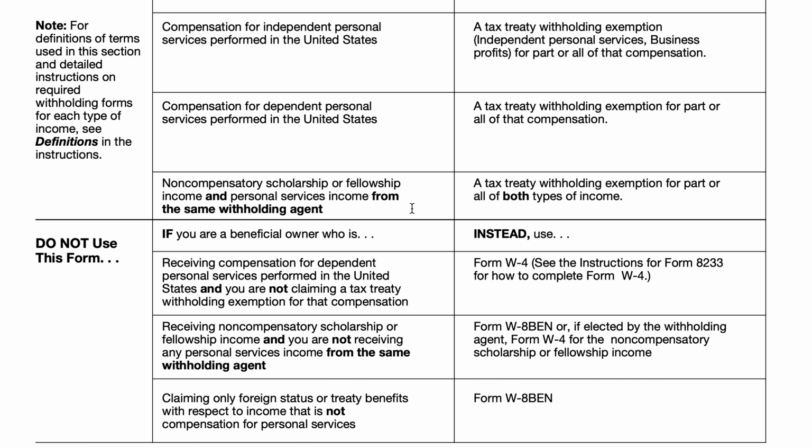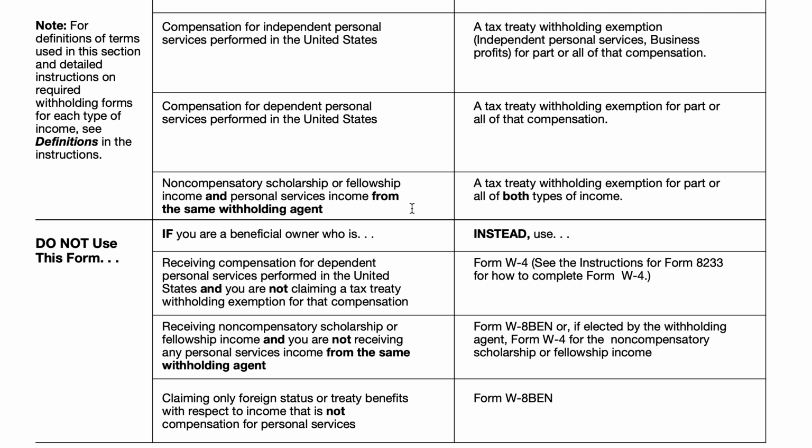You don't use this form if you're an employee who is not claiming a tax treaty exemption. You would simply use your Form W-4. There are specific instructions within these form instructions on how to complete the W-4 as a non-resident alien.